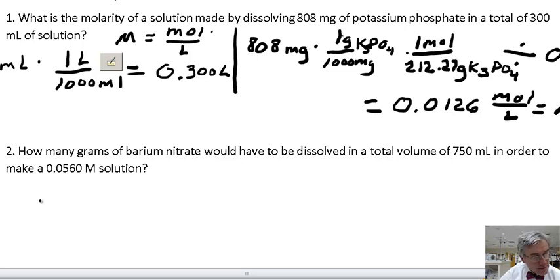Let's start off with the volume. Just like we converted the 300 milliliters up above, we're going to convert this to liters.